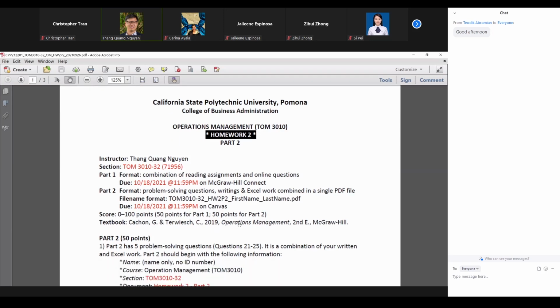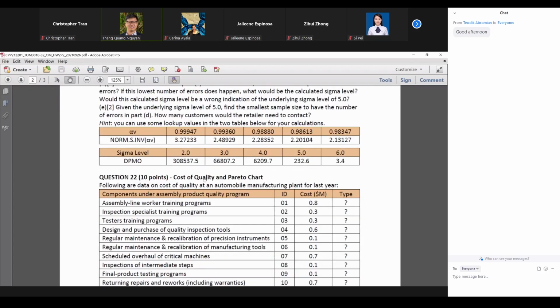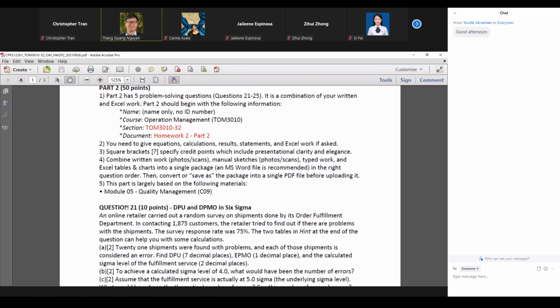So there are 5 questions. I already covered question 22 about the cost of quality and Pareto chart. Actually, just a friendly reminder that it is due tonight, right? That's question 22, due tonight. And then today we go over question 21, and question 21 is due tomorrow, right?